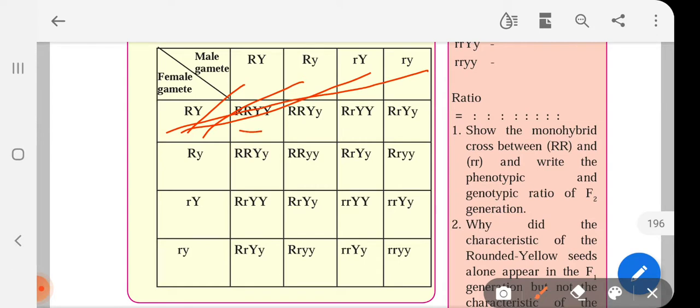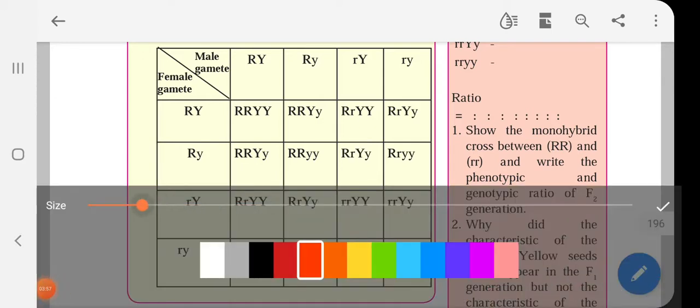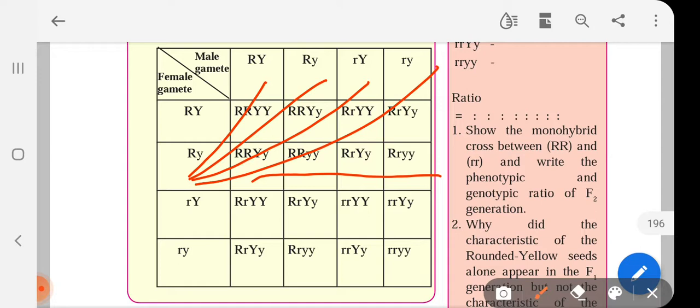So you will get this series of different combinations of genotype. Now if you cross this pair like this way, you are going to get this series of possible genotypes, and likewise you can pair this as well as this with each of them.